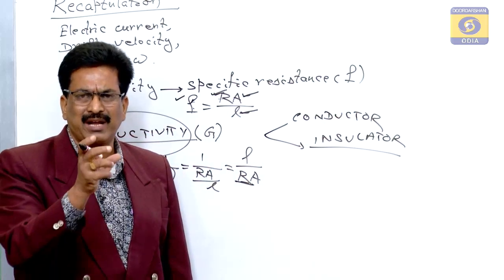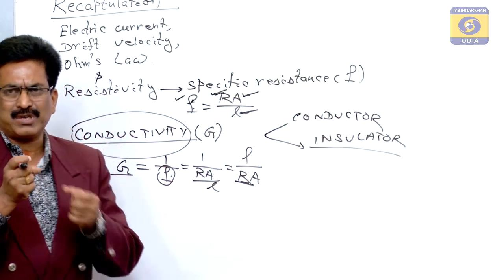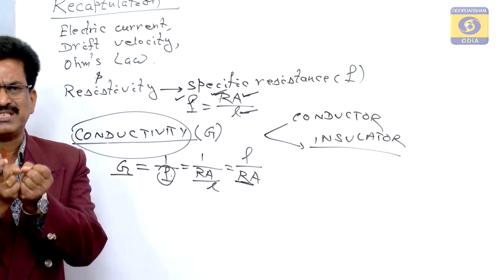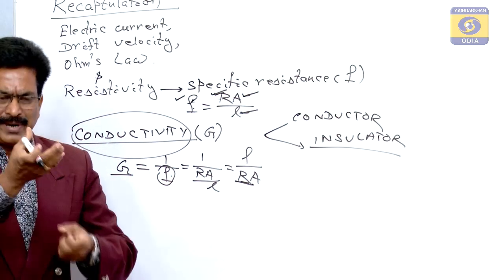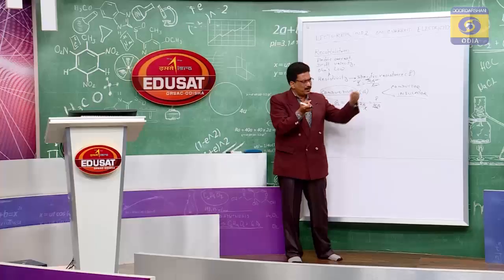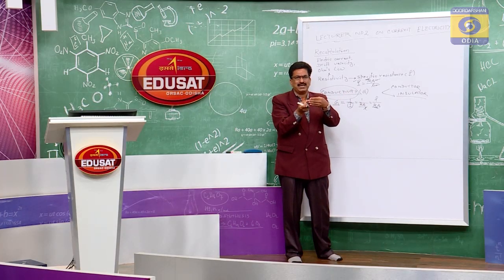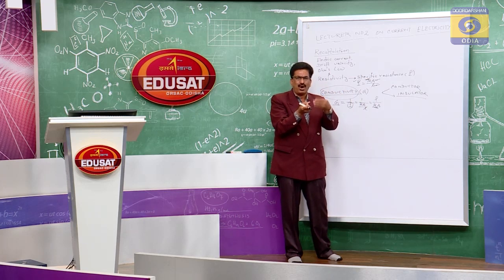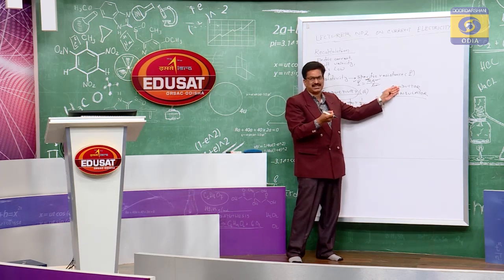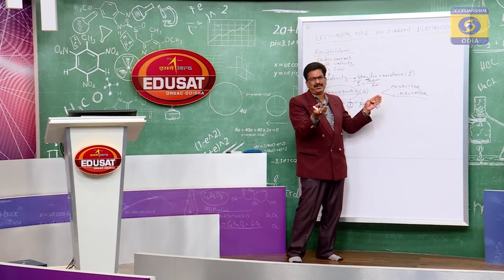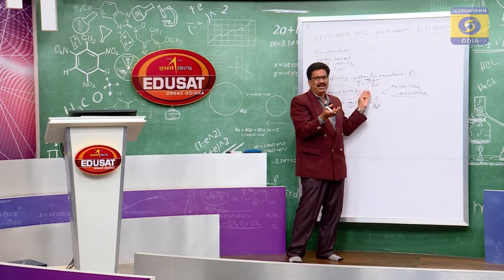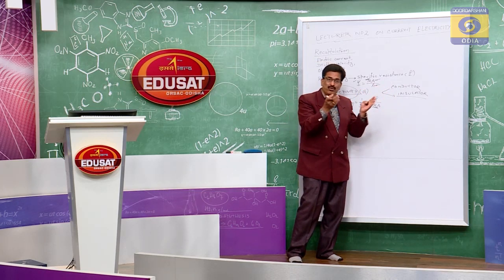Suparivahi means which can conduct very easily. If a thing conducts very easily, it indicates that the opposition it provides must be less. Opposition is nothing but resistance. If the resistance of that material is less, then we call it a good conductor.